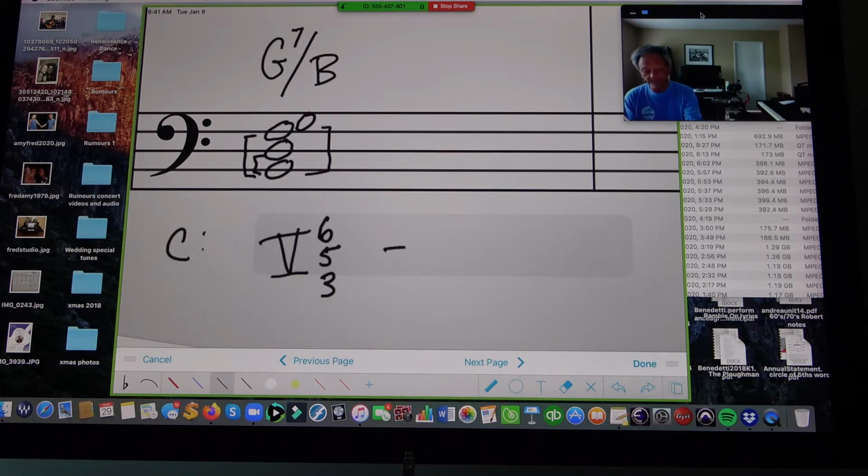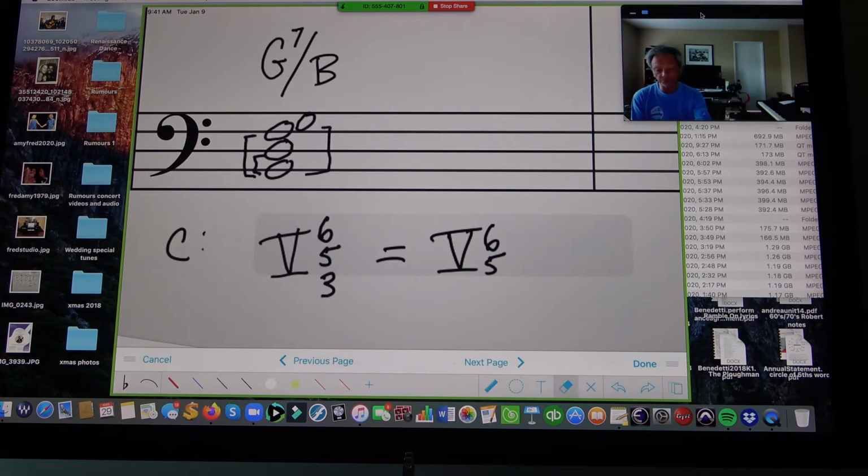The shorthand, 5, 6, 5. The reason we want to put 5, 6, 5, because if we put just 5, 6, you might not know if it's a triad in first inversion. The 5 makes sure that you know that there's a 7th in the chord. That's why we have to have that second number there. So that would be the official shorthand for it, 5, 6, 5.